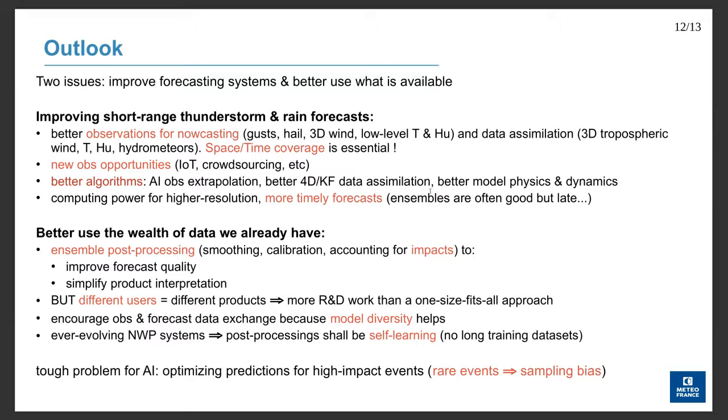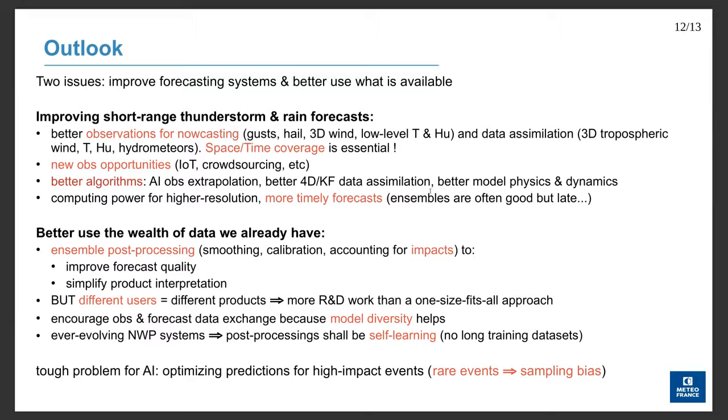And on the other hand, there are ways to improve the use of the data that's already produced. So I've already described the ensemble processing methods, for which there is much to be improved. And it's important to realize that the probabilistic processing of forecast output is sensitive to the users for which the products are meant.